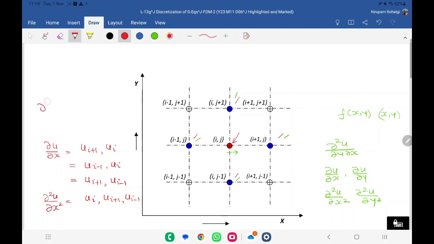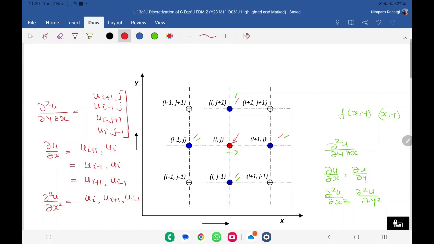And when you are talking about del square u by del y del x, you are actually talking about u(i+1, j), u(i-1, j), u(i, j+1) and u(i, j-1). So 4 points are here. In all these equations, what you are finding is that you are talking in terms of adjacent points.